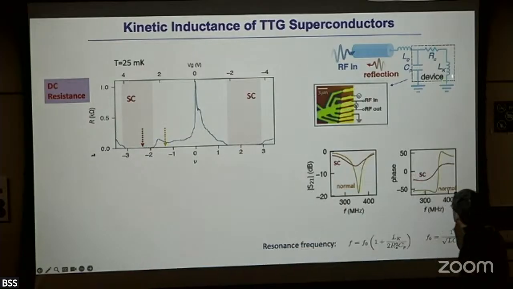However, all these devices are connected with conventional electrodes, including finite contact resistance, so I have some resistive part in there. But nevertheless, this is basically the RF circuitry where the microwave comes in and is reflected back, and I just look at the response.